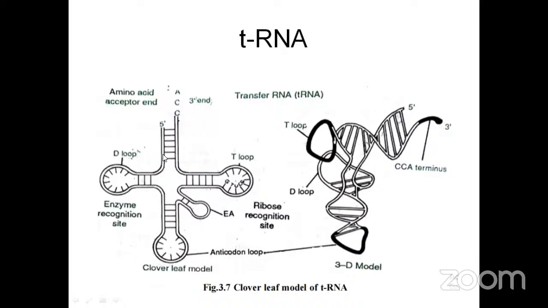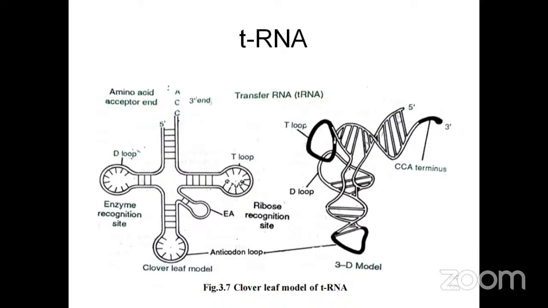It is only one strand, which starts at the 5' end and ends with the 3' end. This single strand shows folding nature. It shows three distinct loops and a fourth indistinct loop, which is considered an auxiliary arm, an extra arm.